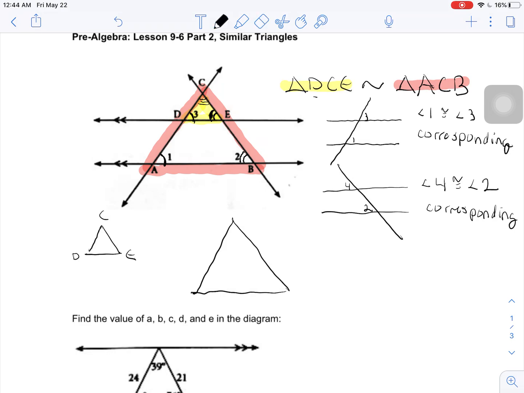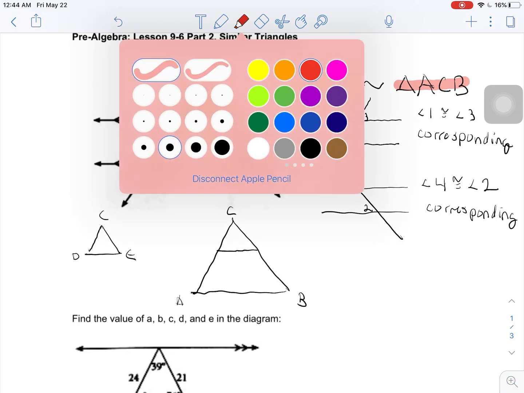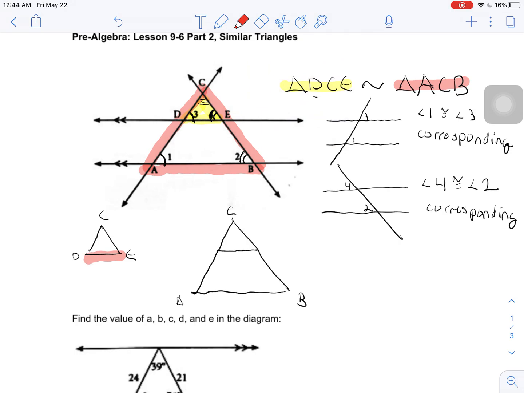What I want to point out, and we're going to reinforce this in just a minute with our practice problem, is ACB. If we match up matching sides of the triangle, the bottoms of the triangles are corresponding sides, so that's easy because they're facing the same direction. Where this gets a little tricky is with the left and the right.